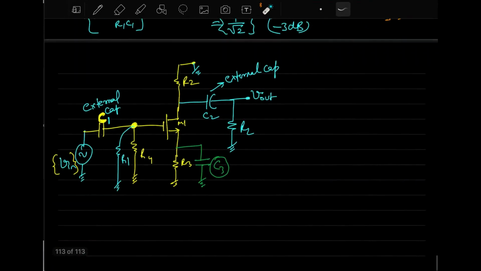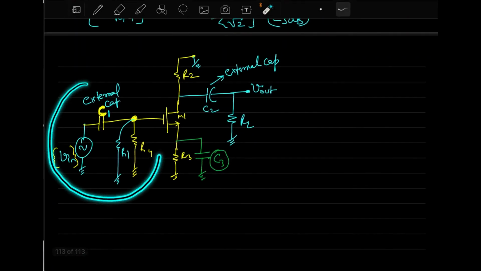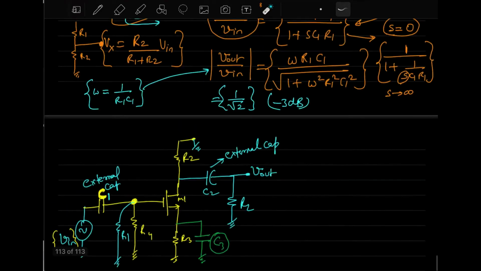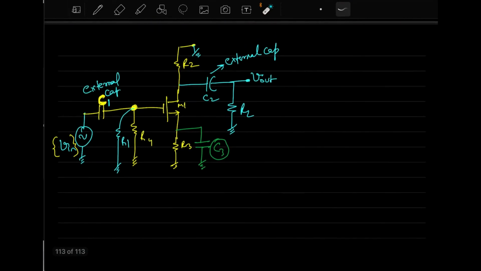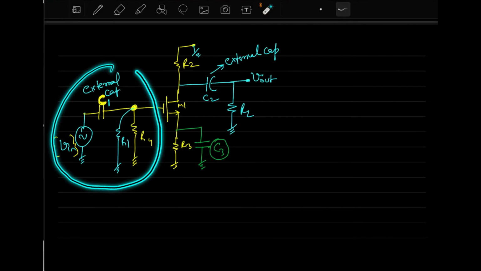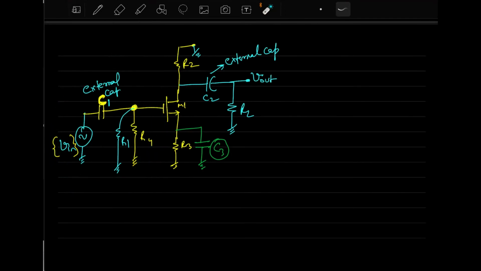So this is actually responsible for the gain to fall off at this point. This is basically responsible for the gain to fall off at low frequencies. This is the main factor responsible for it, in the lower part of the gain.